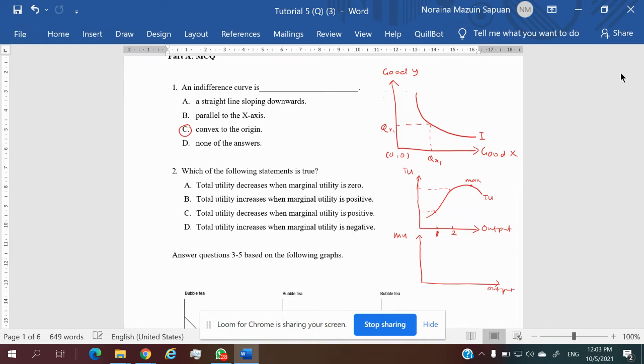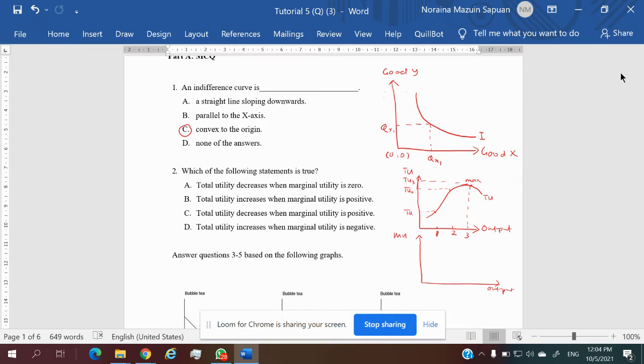This is the first espresso, TU1. This is the second espresso, TU2. Maybe the third espresso that you drink will give you the maximum point of total utility. And then with the fourth espresso, your total utility is declining, meaning you already achieved your maximum satisfaction at espresso number 3, and you cannot drink more espresso because you cannot feel the satisfaction from drinking it again.